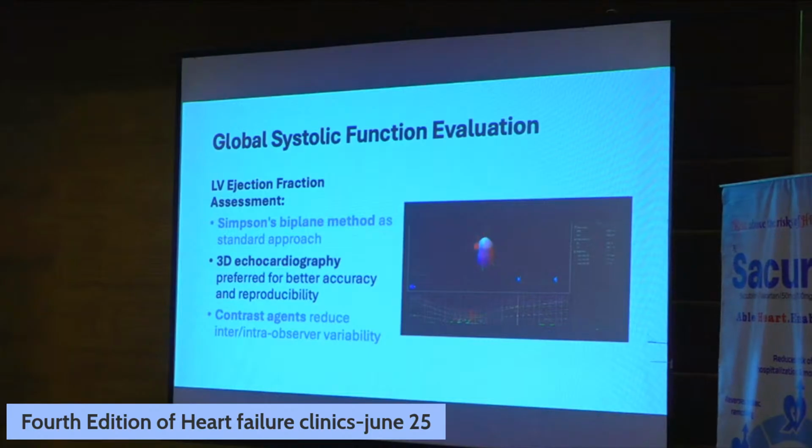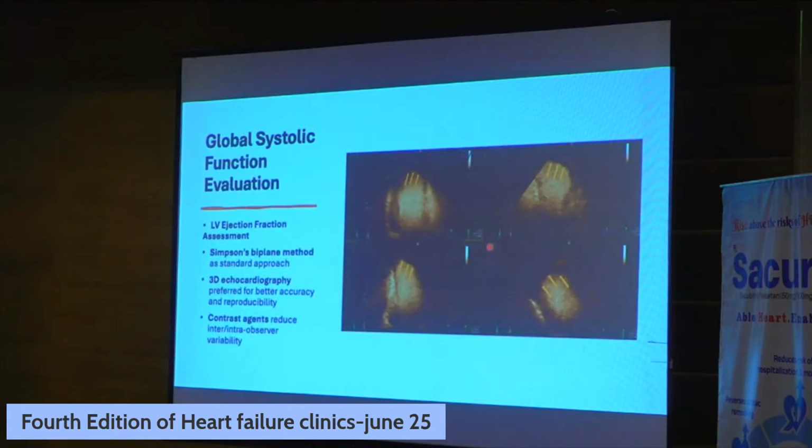When the machine reconstructs the 3D image, each of these segments is represented in this model. So 3D echocardiography is a more reproducible way. Similarly, you can see here, by giving contrast agent, the endocardial border is nicely defined, whereas such a definition might not be there for many patients.